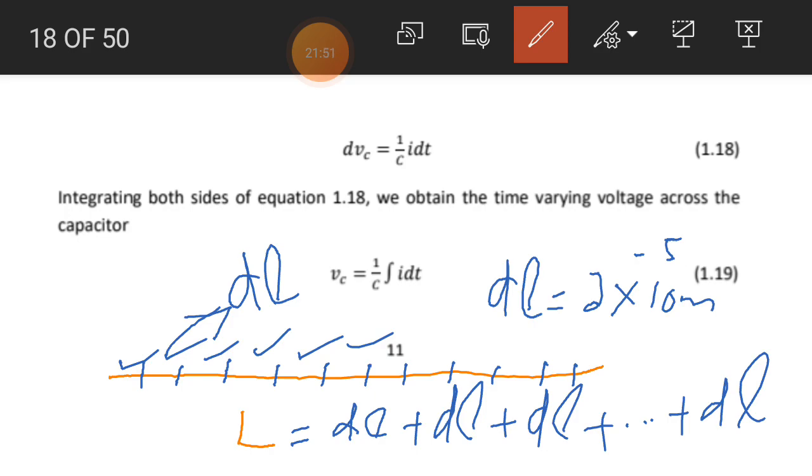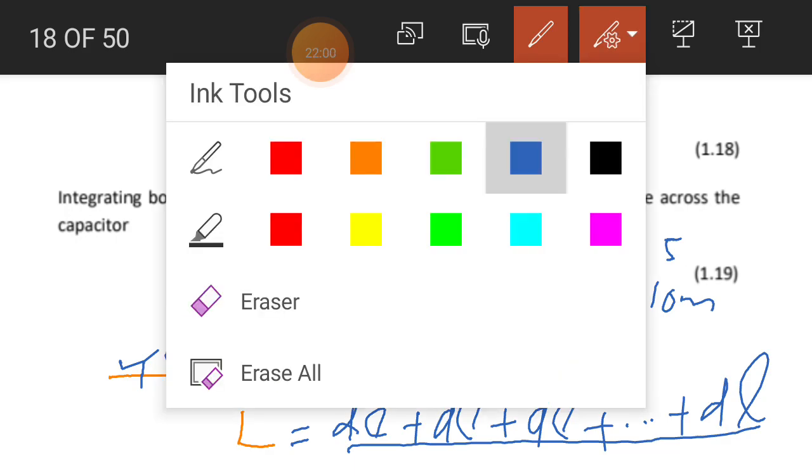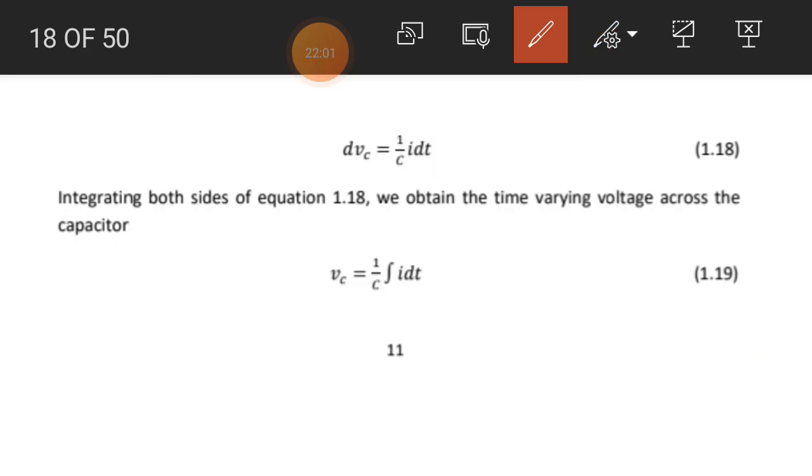If you focus on the right hand side of this equation, the summation of the differential length in mathematics is represented by this integration.